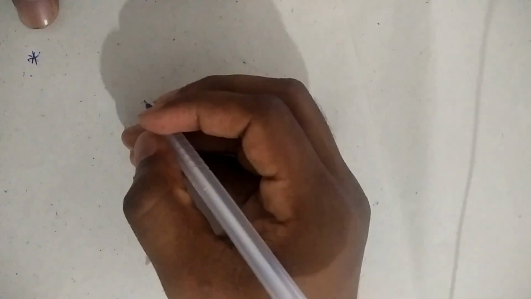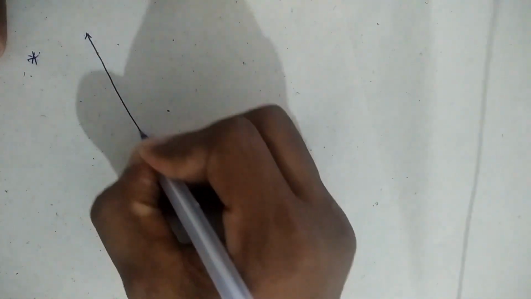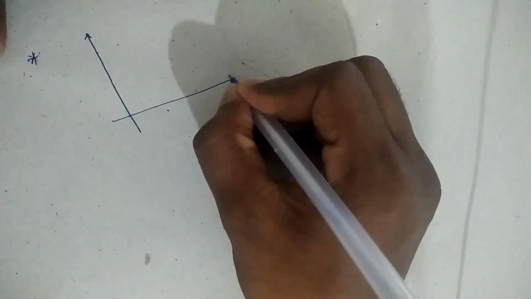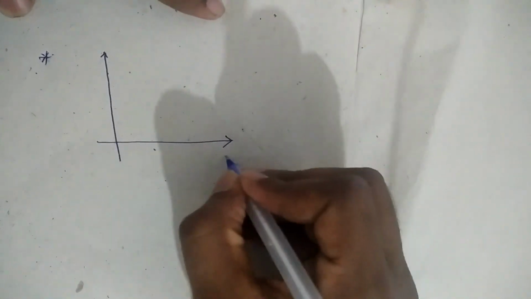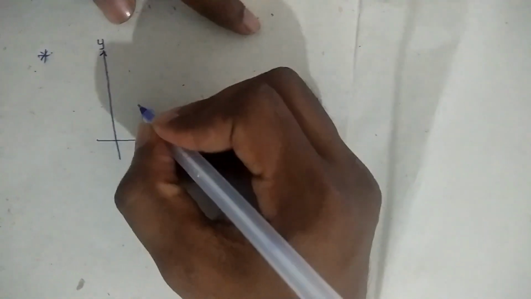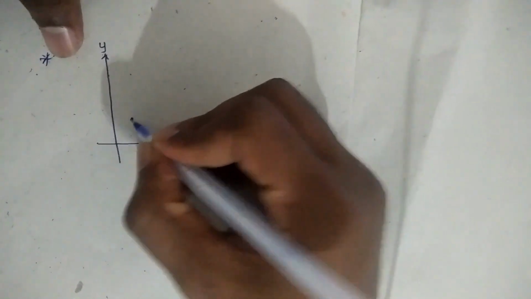Hello guys, so we have already learnt about the distance between 2 points of a straight line and a point that cuts a line internally. Whenever you have the xy plane, with an x-axis and a y-axis, you're going to have 2 points.